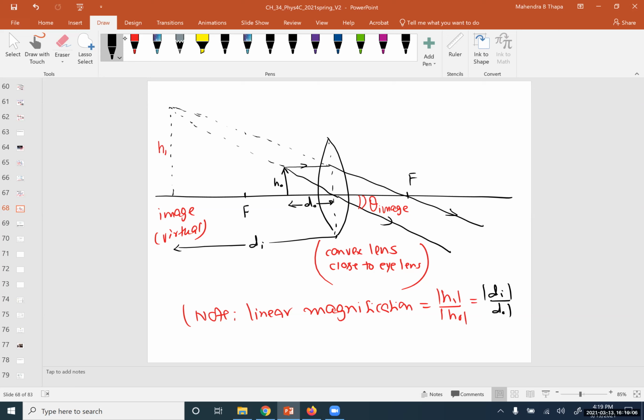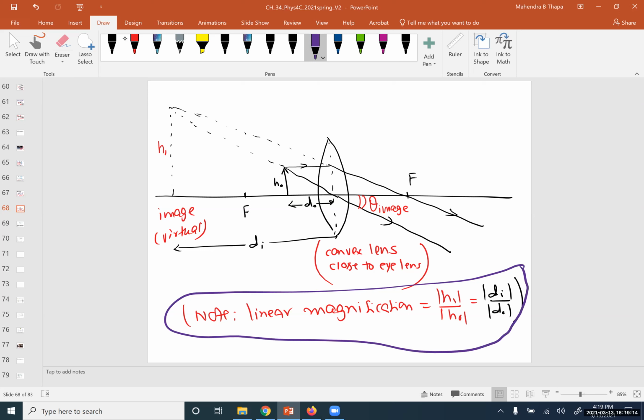So this is the magnification, but we call it the linear magnification that we did here. But what we define here is not the linear magnification. It will be the angular magnification.